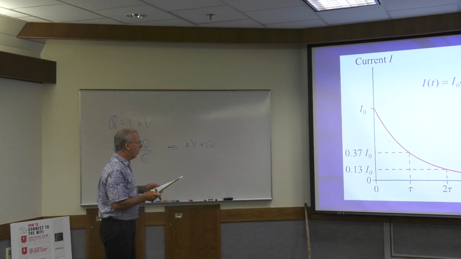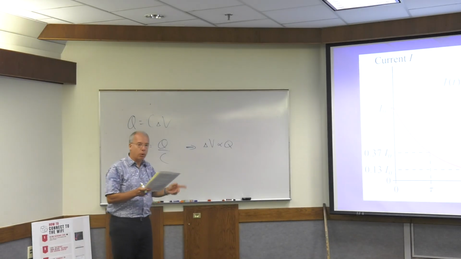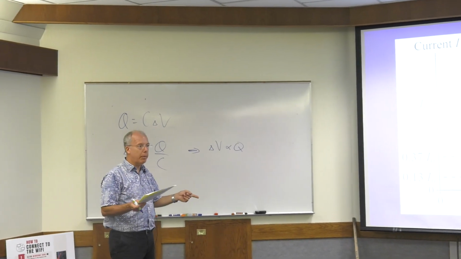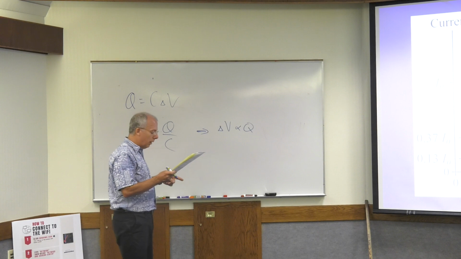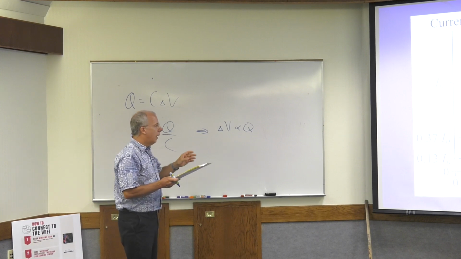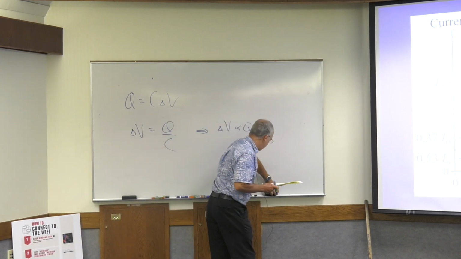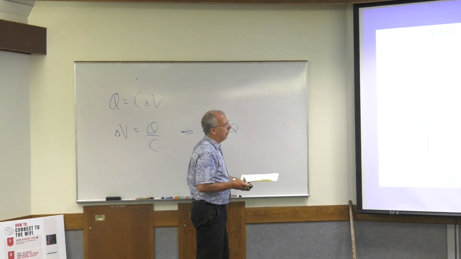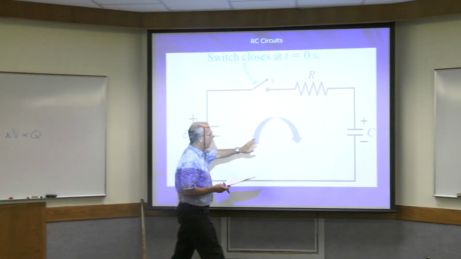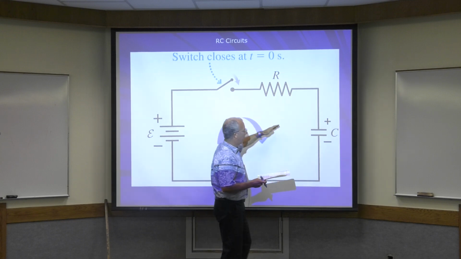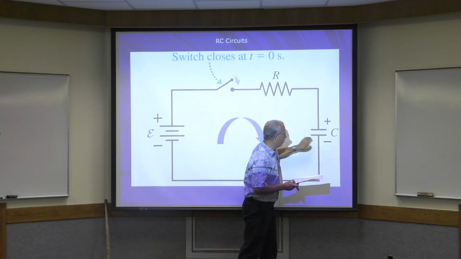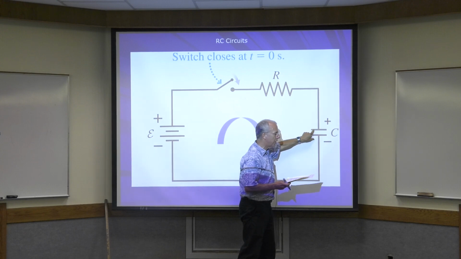All right, so what's the initial voltage? 0, right? Because it's uncharged, agree? So the initial voltage is 0. And then what happens? Okay, look at the picture. Initially we have an uncharged capacitor. Then we close the switch. And then we keep getting more and more positives, more and more negatives. So initially the voltage is 0.